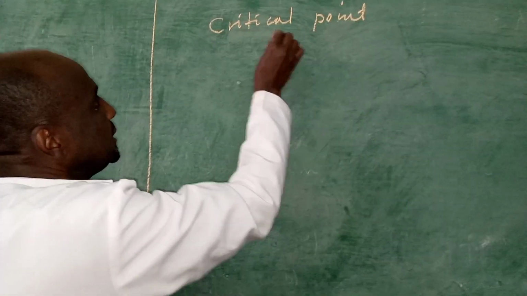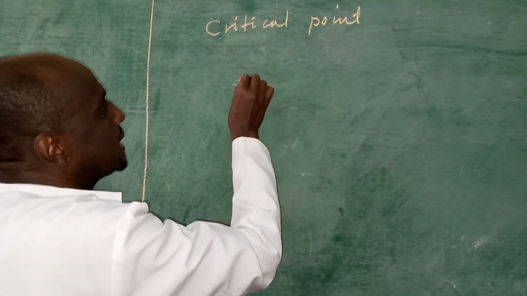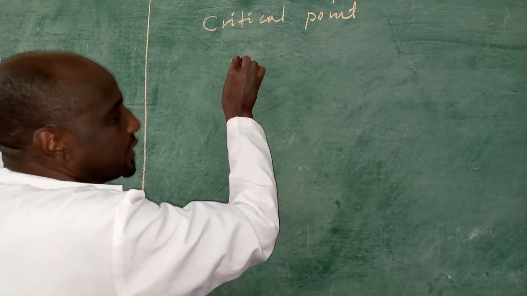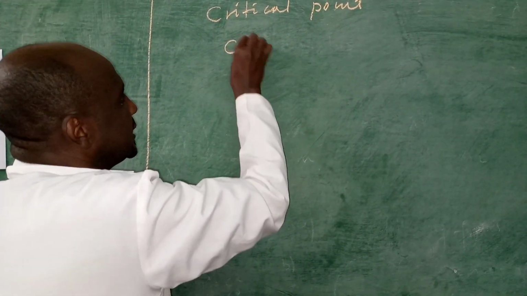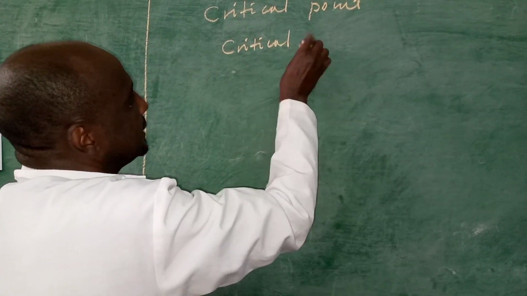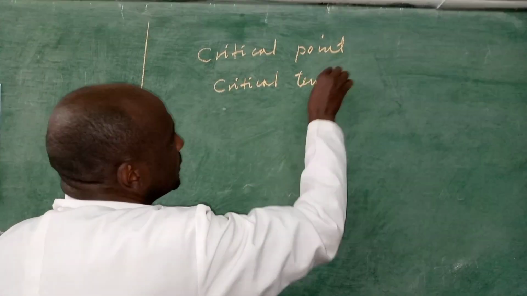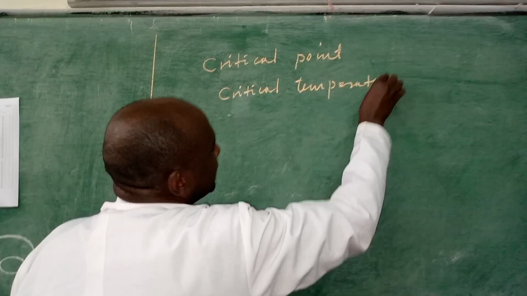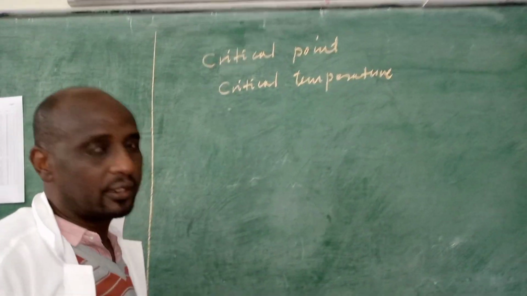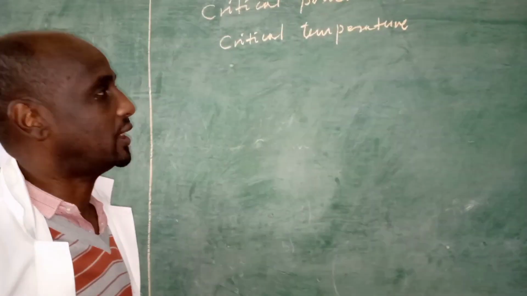Now, when we see here the critical point, we have critical temperature and critical pressure. Critical temperature is the maximum temperature for a substance to exist in the liquid form.